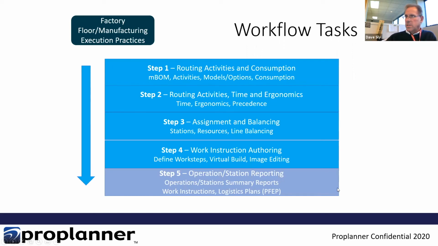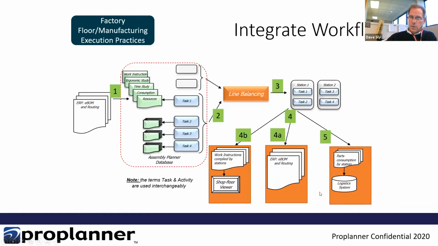That's where these instructions, these actual part kit lists, and line side presentation reports are being implemented. And so back here now we're in step 5, where we're actually communicating with the workers live from a published work instruction, a published PFEP, a published MBOM and routing for a particular scenario that we are currently working on.